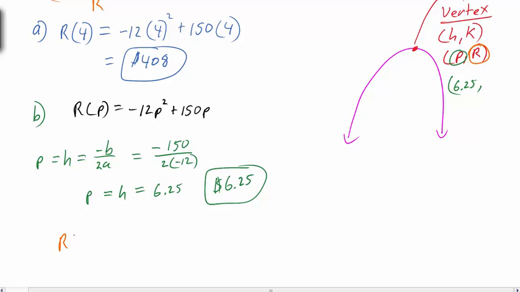So all we have to do is evaluate the function at $6.25. So we plug in 6.25 into the equation, and we end up with negative 12 multiplied by 6.25 squared plus 150 multiplied by 6.25.